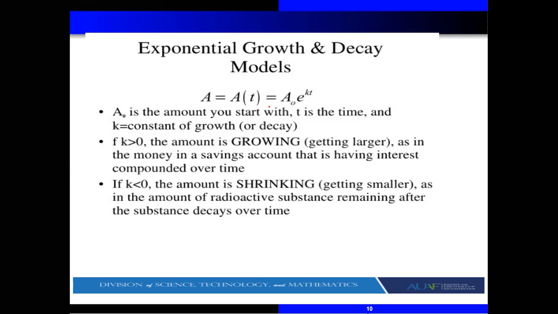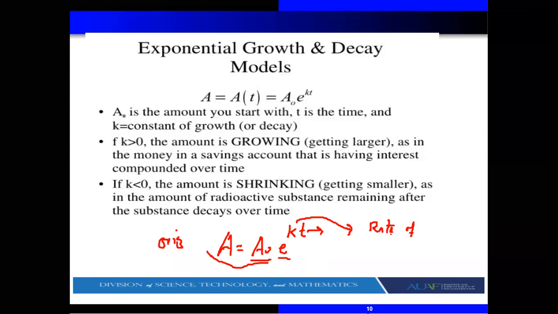In this model, we have A is equal to A naught e power kt, where A naught is the original population. E is the base, the exponential Euler number. T means time. K is actually the main thing here. This is called the exponential constant. This is the rate of increase or rate of decrease.